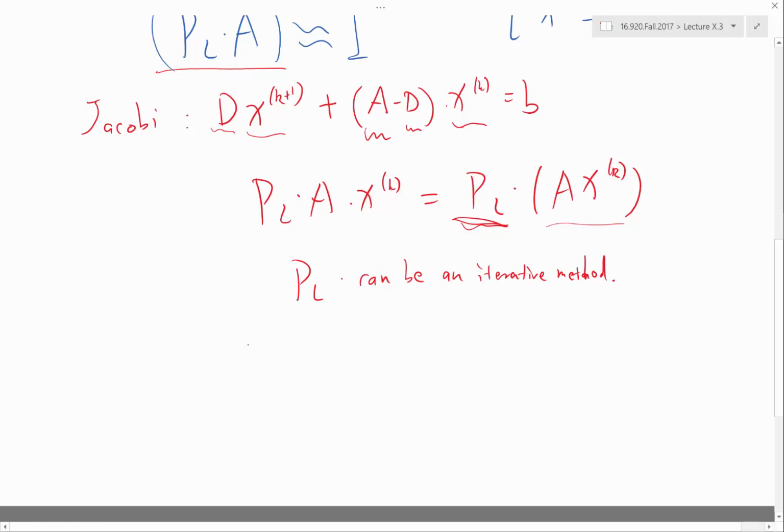Saying X new is equal to multigrid of X, B, and N is like saying X new is equal to PL times B, with 0 as the initial condition, because it's approximately inverting the matrix A.